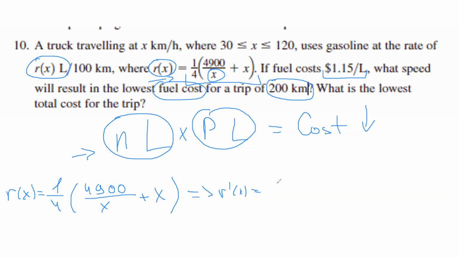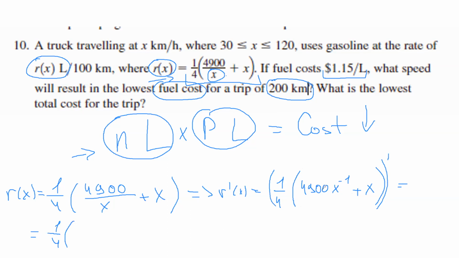Because 1/4 is constant, and 4,900 is constant times x to the power negative 1, plus x. So it's simply the sum rule. We need to differentiate this, right? If we differentiate it, we keep the coefficient untouched because it's outside of the brackets. Inside, it's just a coefficient.